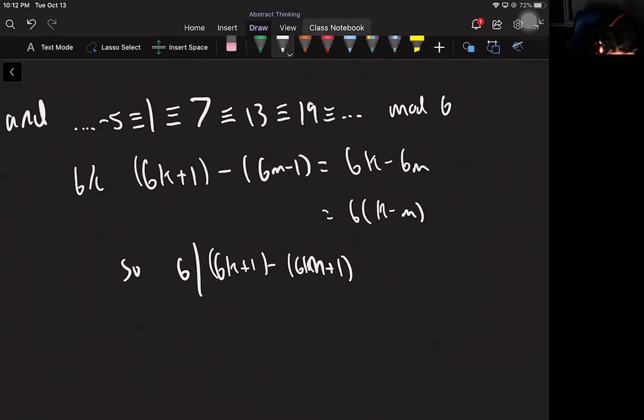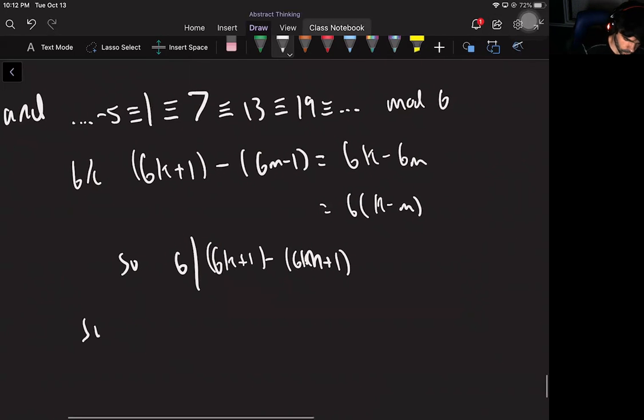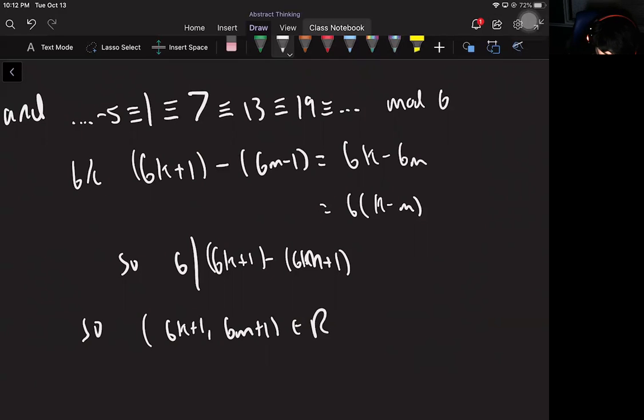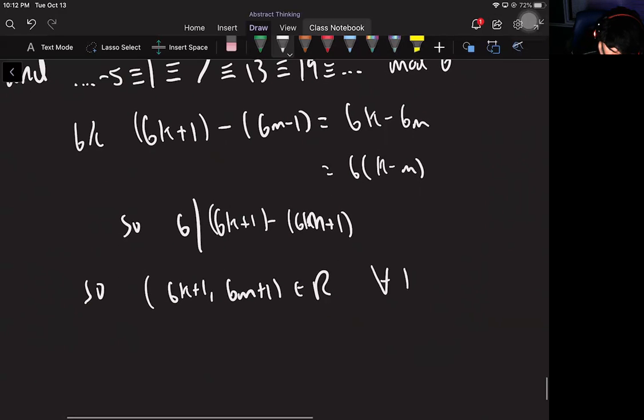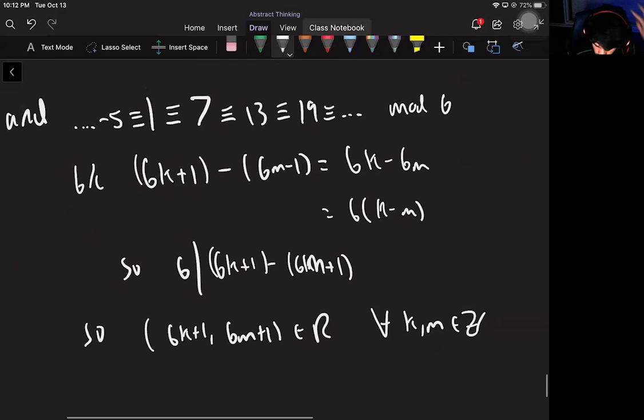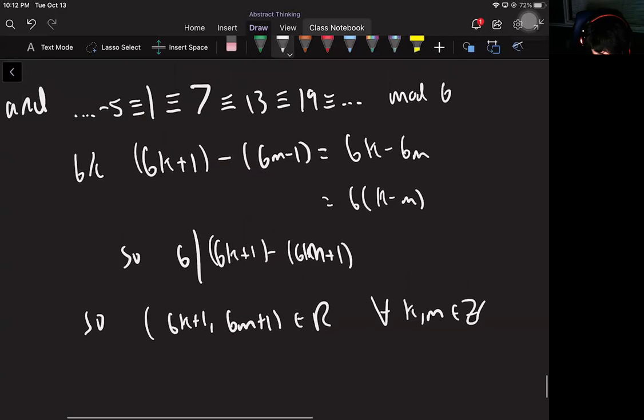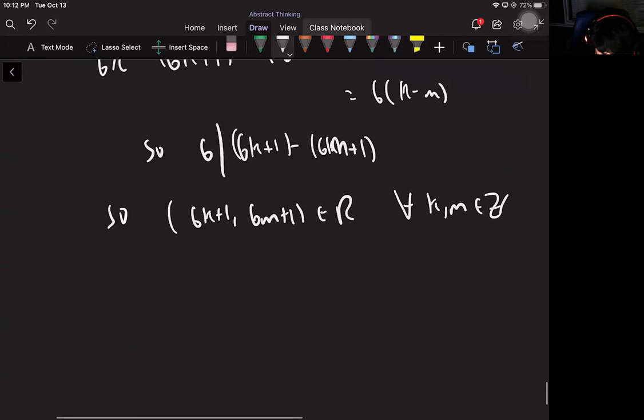Okay, so in general, 6k plus 1 comma 6m plus 1, those are all in the relation R too for any integers you pick. So 1 is related to 7, 7 is related to 13, 13 is related to negative 5. All those numbers in this infinite list are related to each other, and either one can come first, because if you just subtract the other way, it'll create a negative. So it still works out.